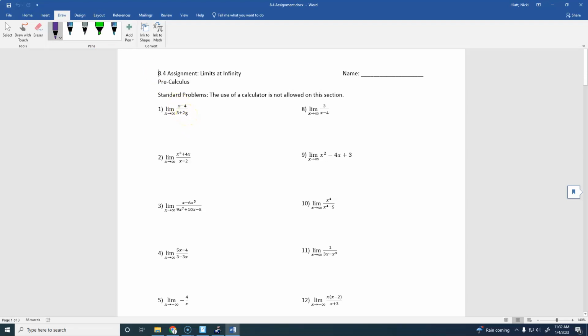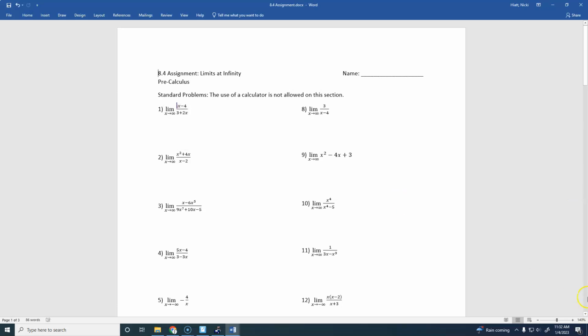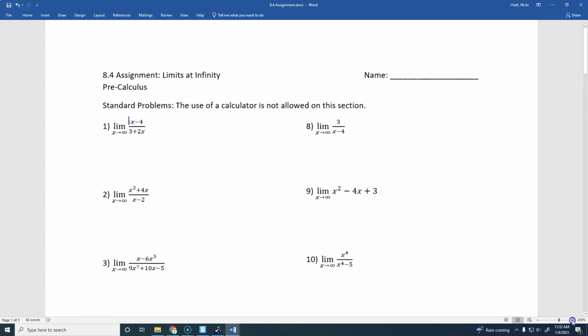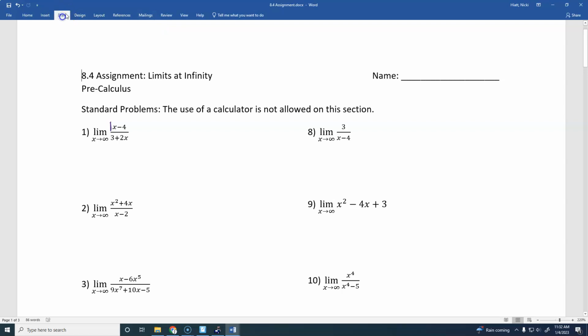So I'm just going to look at the coefficients in front of the ones that have the bigger exponents, right? And then since the exponents are the same, that's your eats DC, divide coefficients, 1/2 is the answer to that.